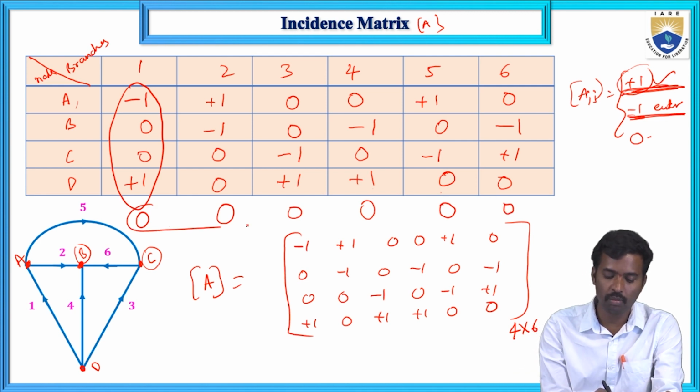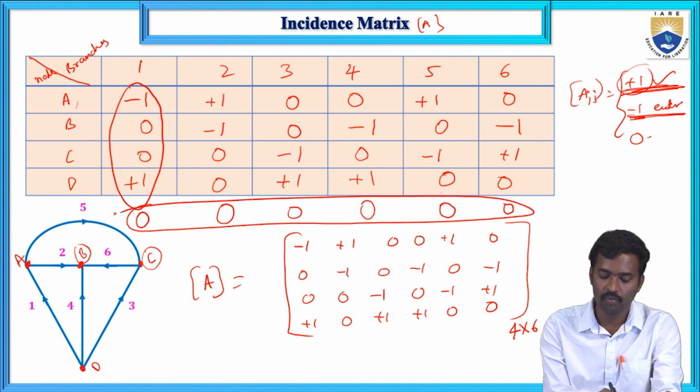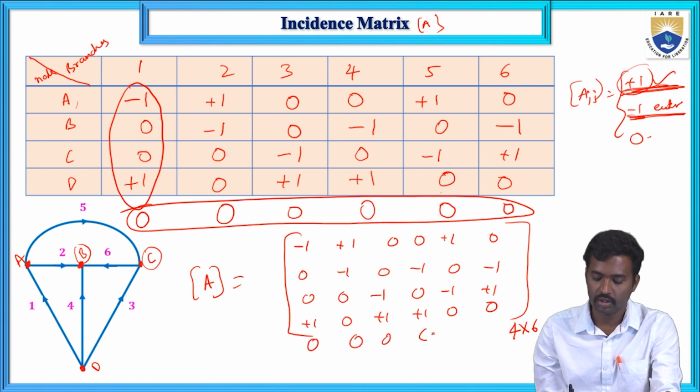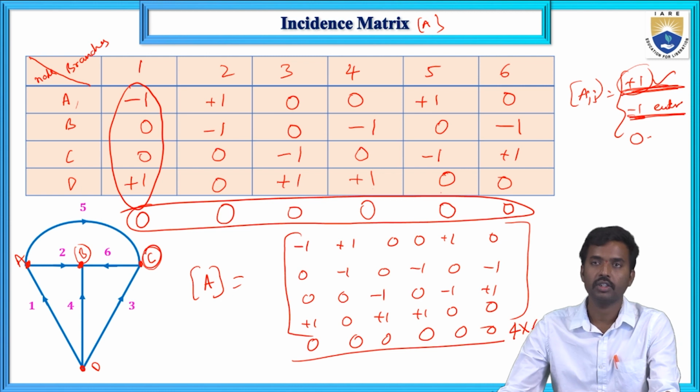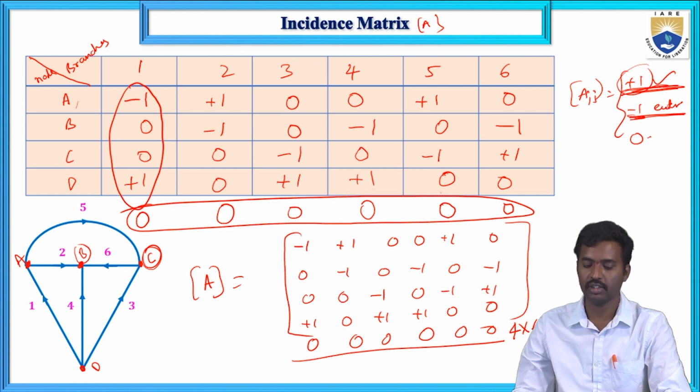So the algebraic sum in any column must be 0. That is satisfied for this particular graph's incident matrix.